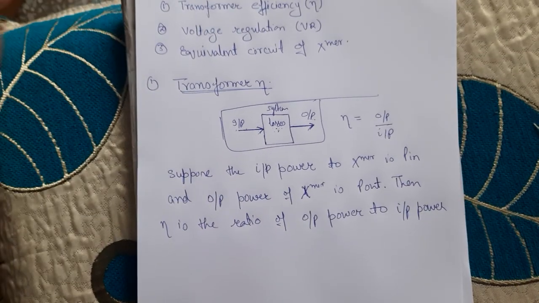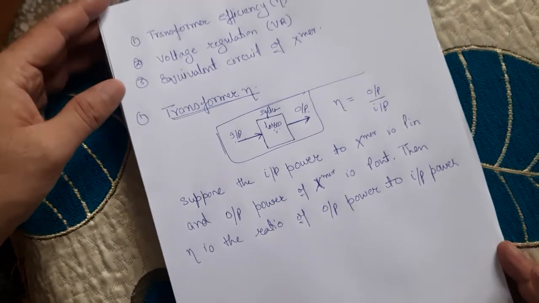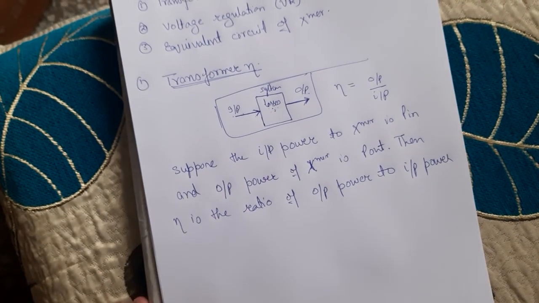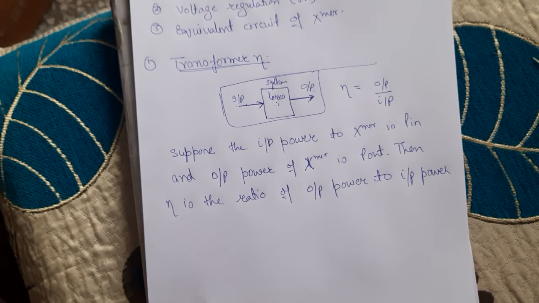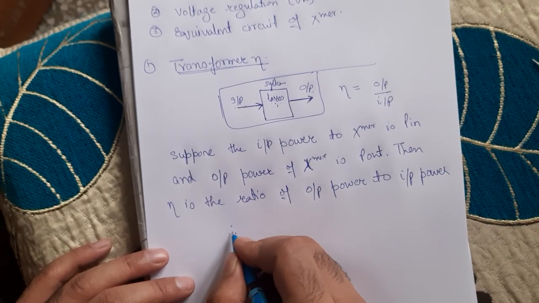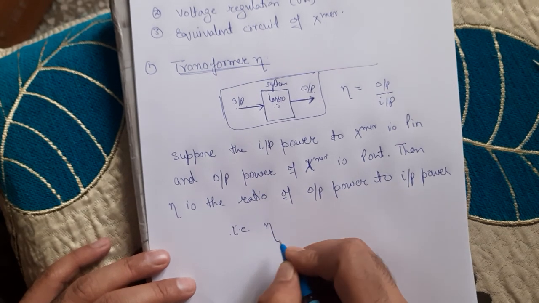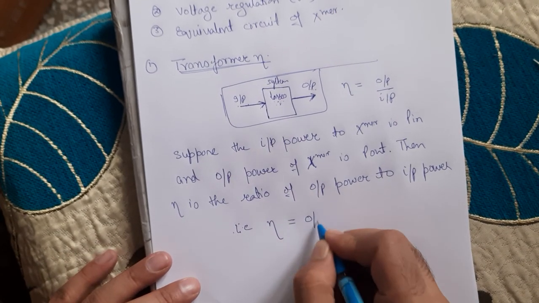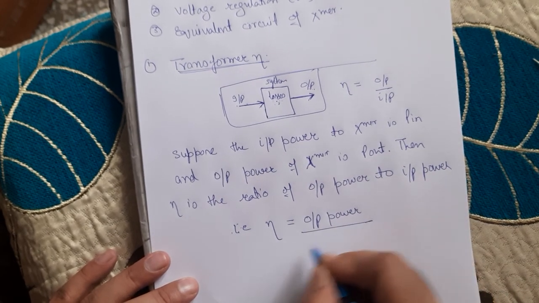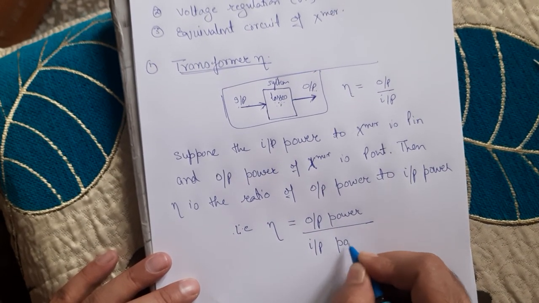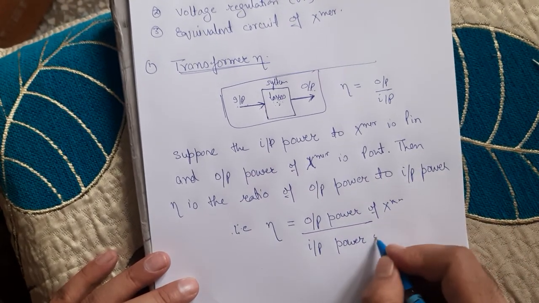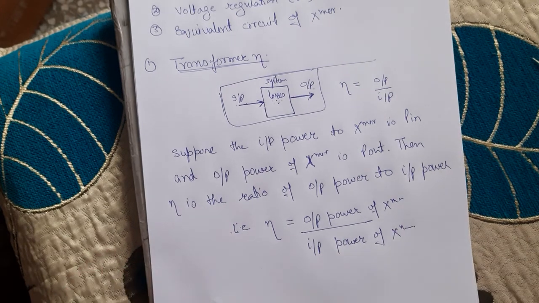So I can write efficiency is nothing but output power of the transformer divided by input power of the transformer.